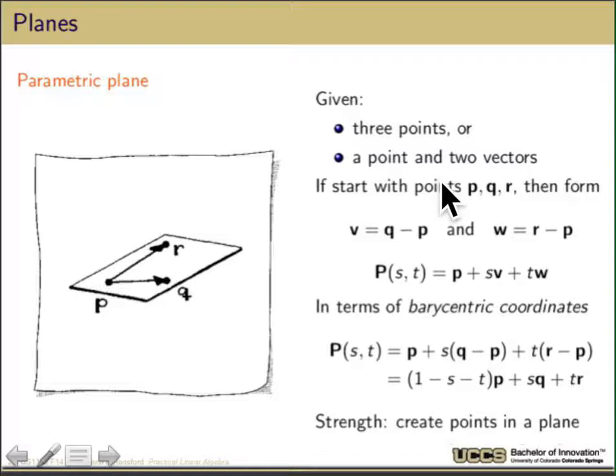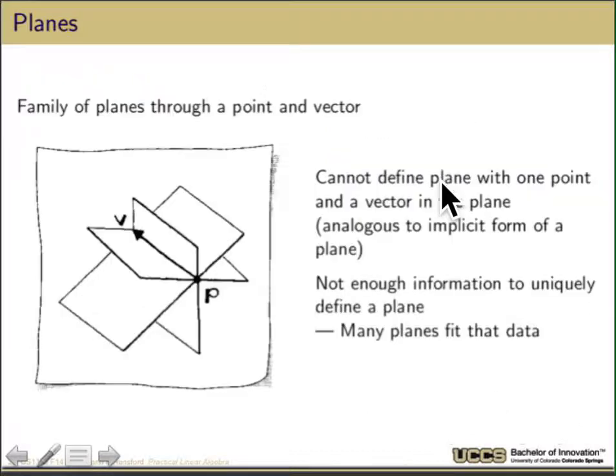If we think about what a plane does, there's another important property which I already mentioned briefly. If I have a point and a vector, the reason I can't use that to define a plane is that any plane that contains the vector v goes through that. So there's not enough information to uniquely fit that plane.